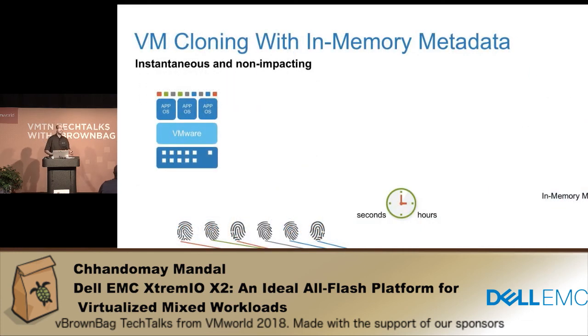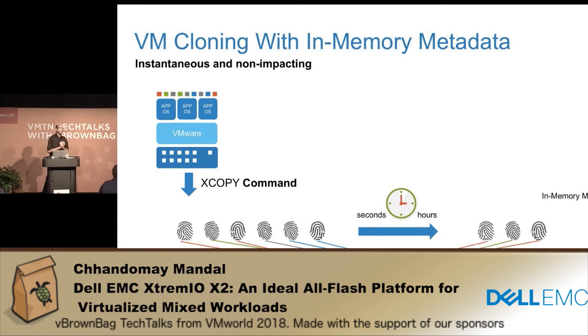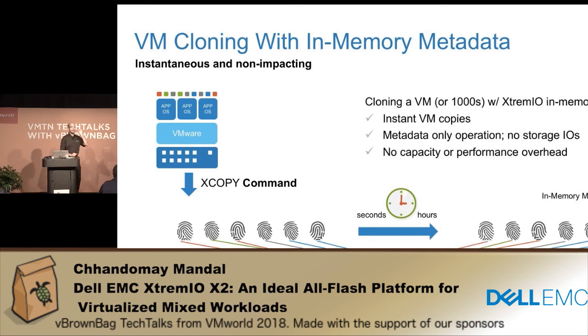Now, where does it manifest? For example, you need to clone VMs, be it in a VDI environment or a private cloud type environment. When a VAAI XCOPY command comes in, all we need to do is update the metadata in memory, because we do not write anything to the SSD layer unless it's unique.